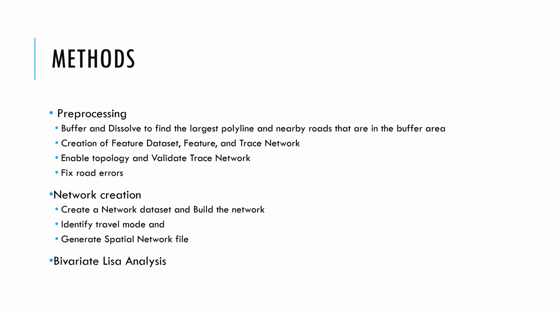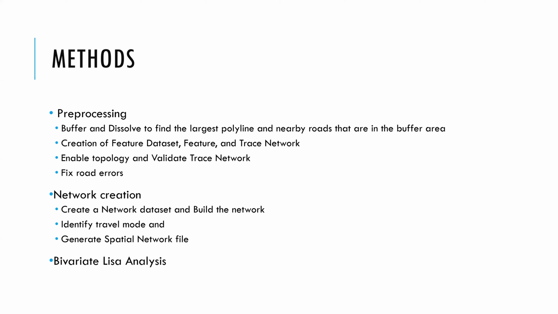The first step was to use a buffer and dissolve tool to find the largest polyline. When I did the buffer, I buffered the roads about 20 meters to hopefully get the nearby dangles or unconnected features.